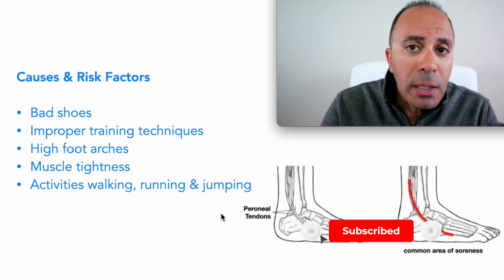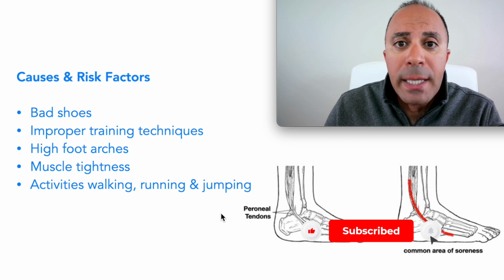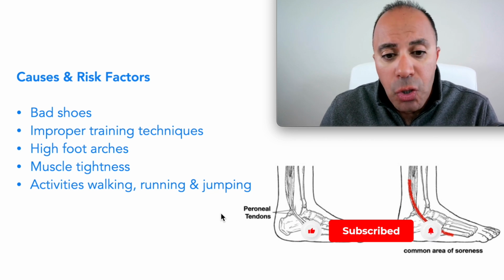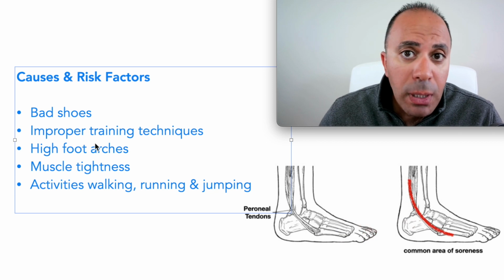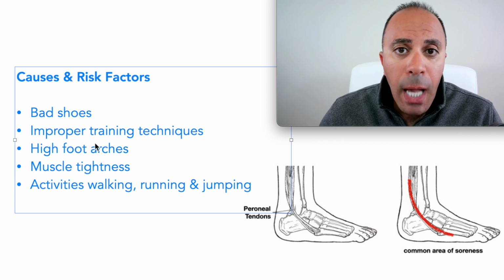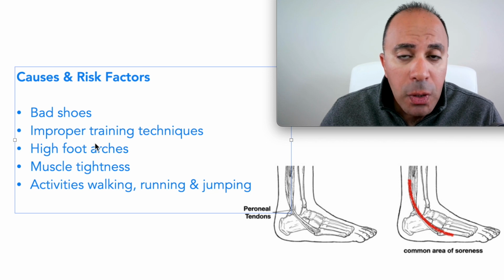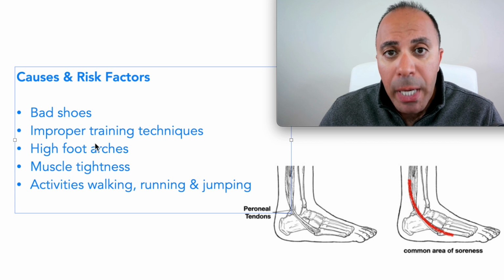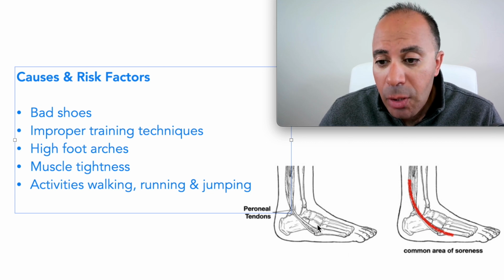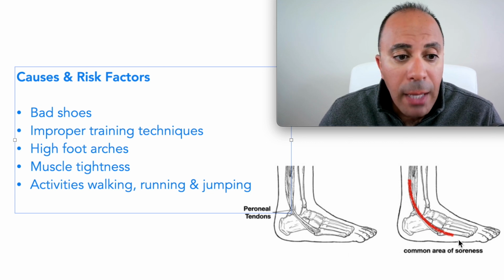You put more mileage on it, you're going to have more wear and tear and damage. Improper training techniques, without a supportive foot or with bad mechanics, could also cause peroneal tendonitis, and you can see it here on the outer side of your leg and foot.